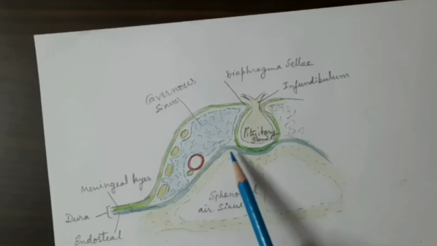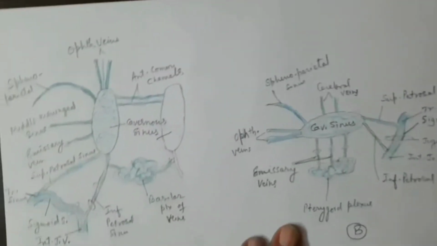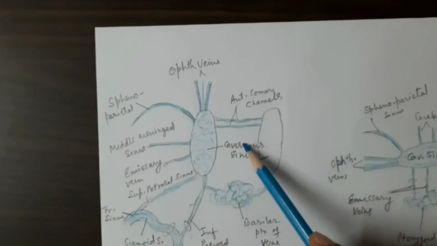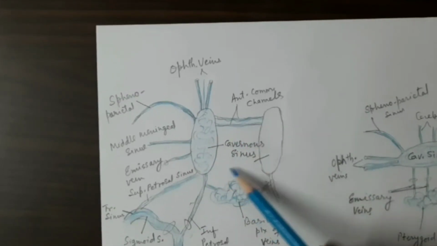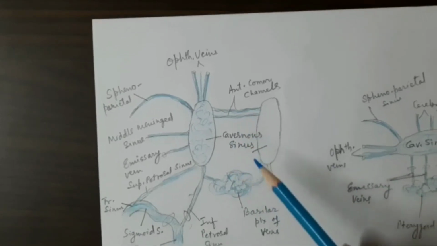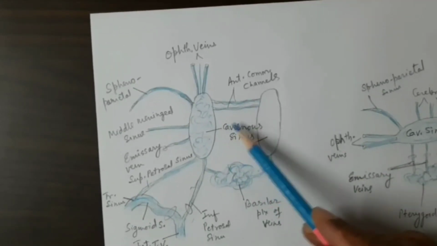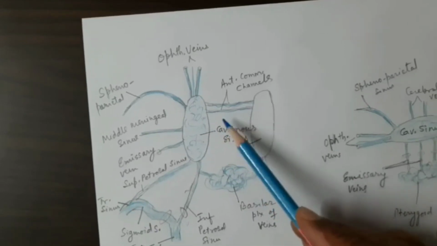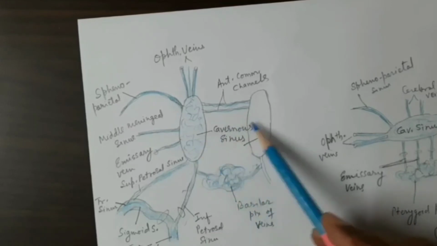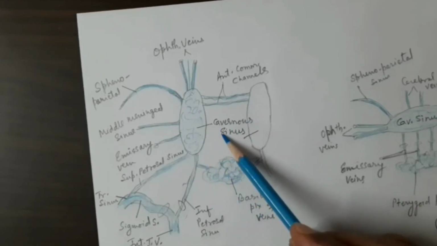From here to here, the communicating channels are located. These communicating channels between the right and left cavernous sinus are anterior, and I have not drawn the posterior. They are the anterior and posterior communicating channels, which communicate the blood between the two cavernous sinuses.